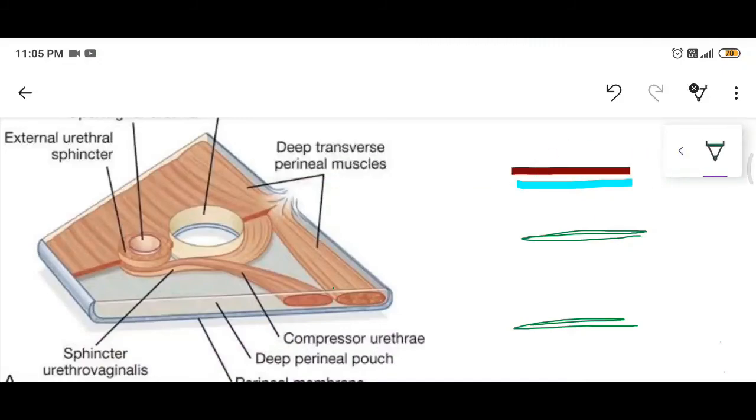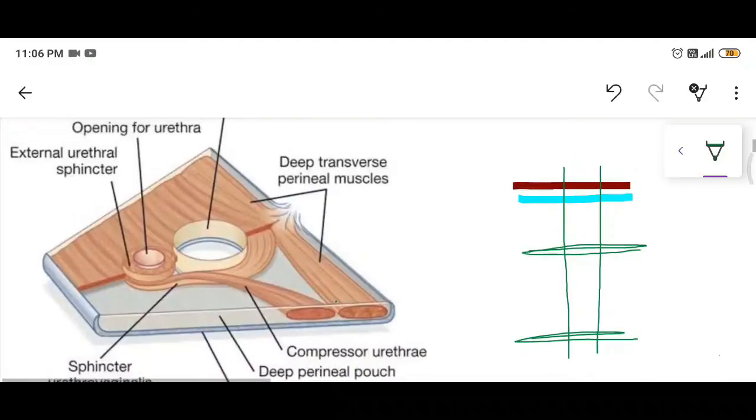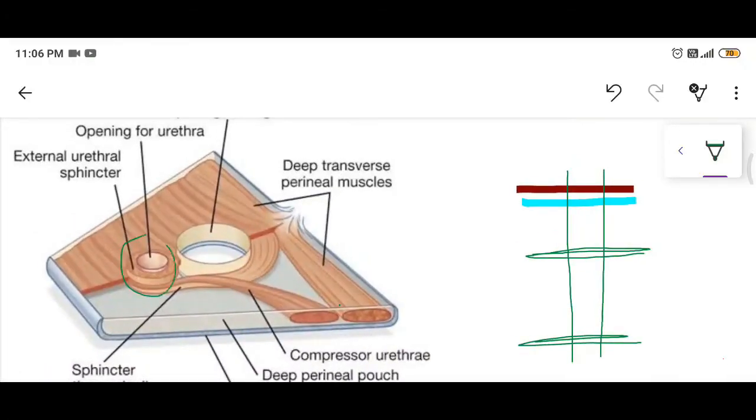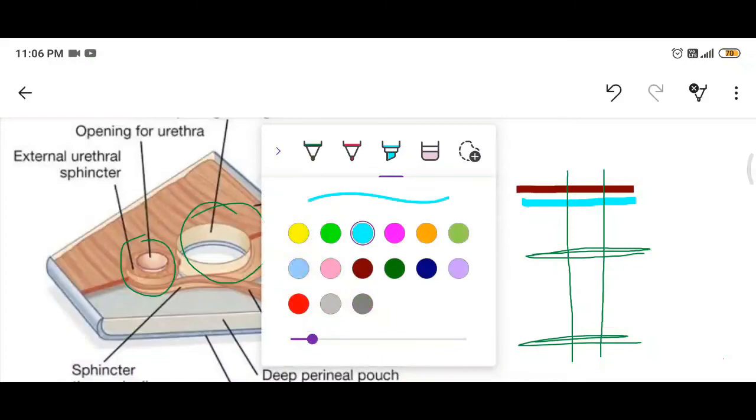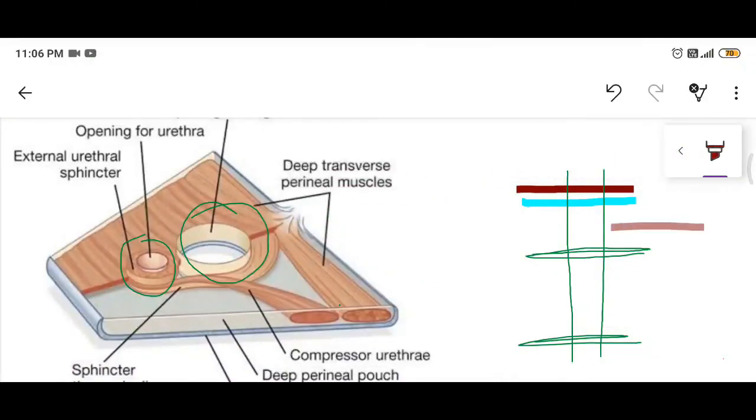So for female we have the urethra as well as the vagina. As you can see here, for female we have the opening for the urethra and the opening for the vagina. For female we will have the deep transverse perineal muscle, and we don't have any gland for the female. Then we have some artery and nerve, which we will see at the last with the pudendal canal.